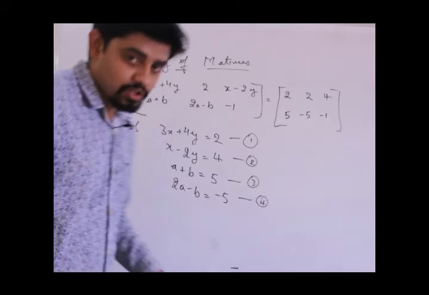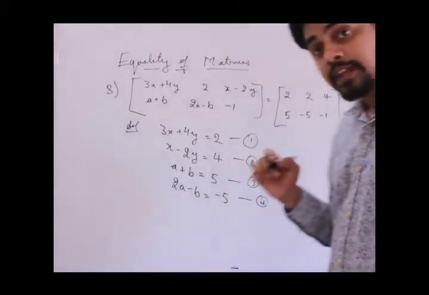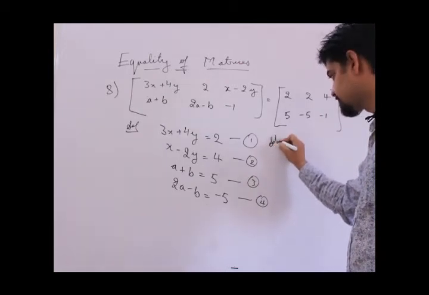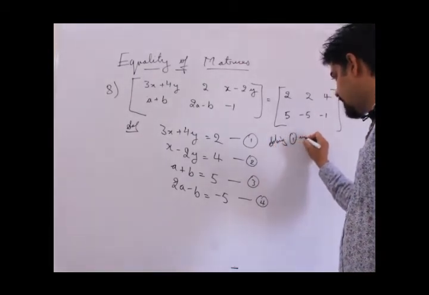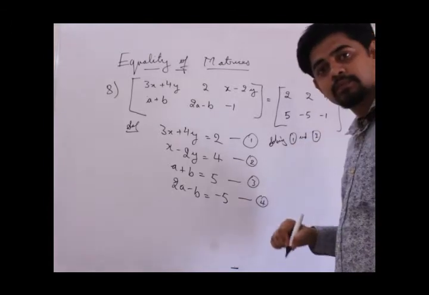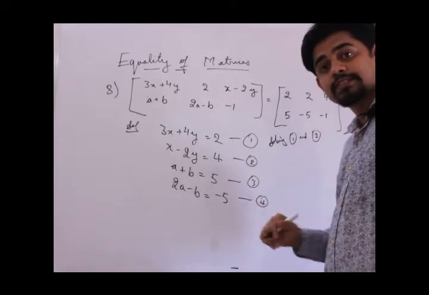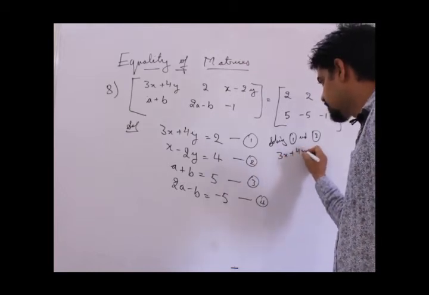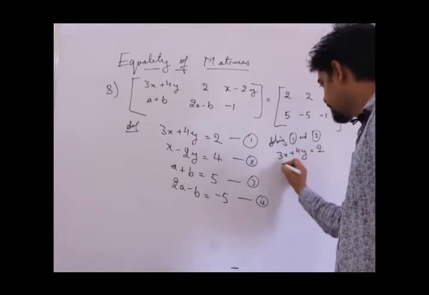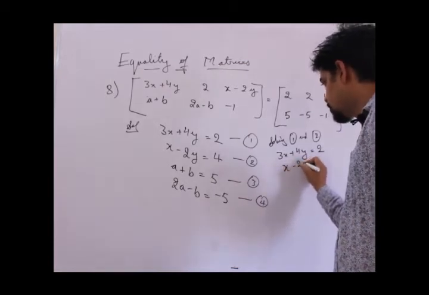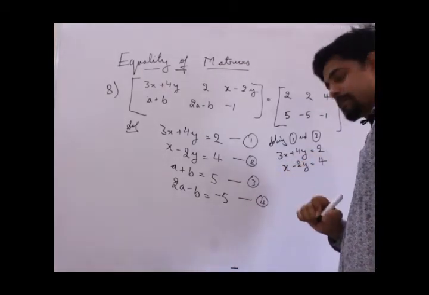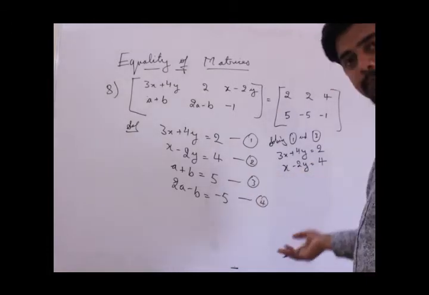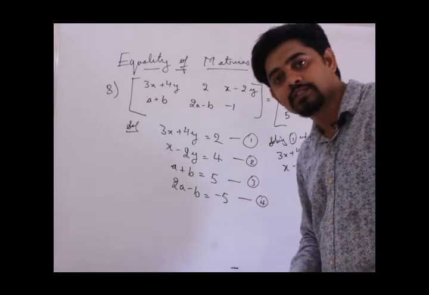Now solving equations 1 and 2. The first equation is 3x plus 4y is equal to 2 and x minus 2y is equal to 4. As we can see, there are methods like substitution, elimination, cross multiplication.